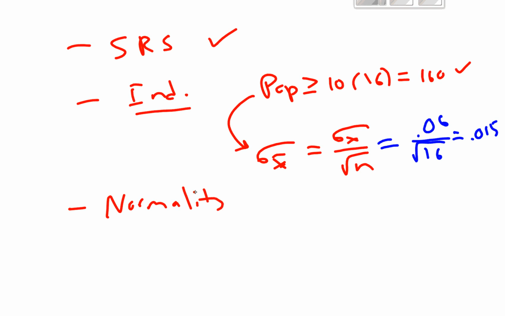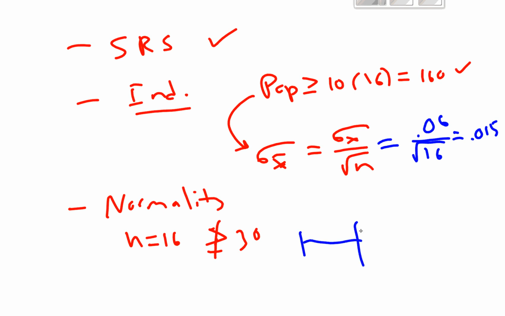Now, unfortunately, the sample size here is not large enough. N is only 16, which is not greater than or equal to 30. That's what I'm trying to write there. So we have no central limit theorem help. So we're supposed to check a box plot. Now, I don't have the ability to show you my box plot, but if you take the time to type the stat into your TI-84 calculator and you do a box plot with that, the graph you get looks pretty good, actually.